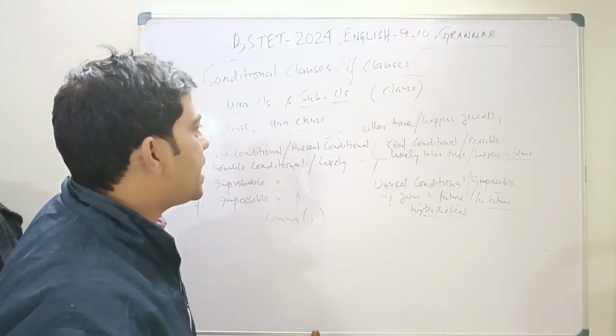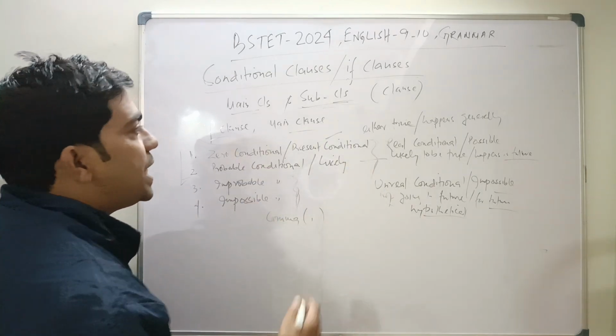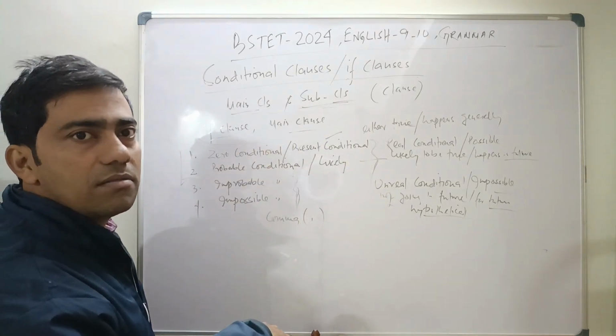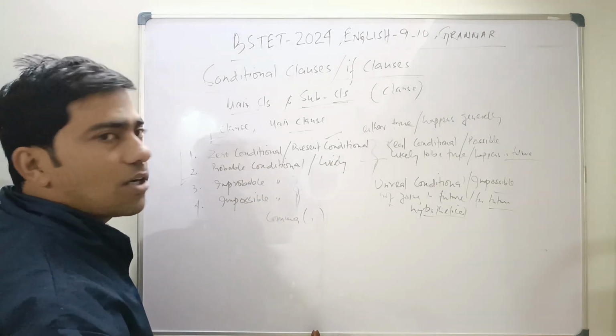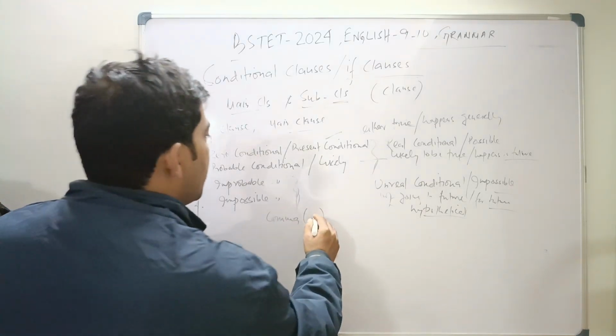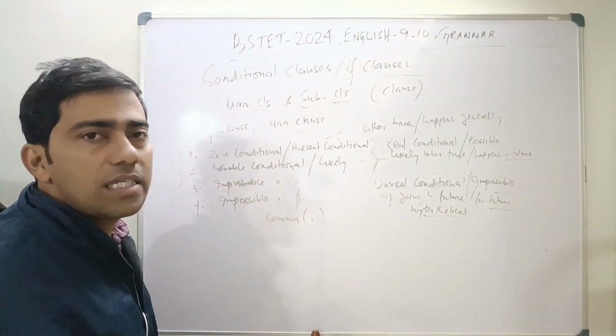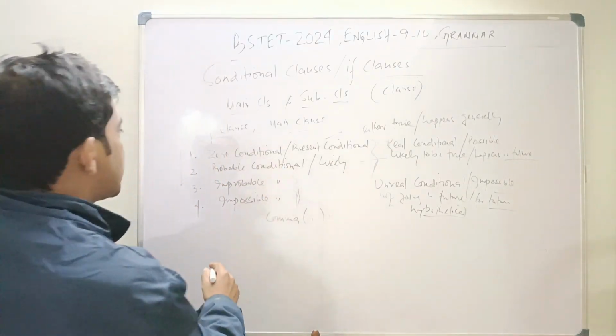But if it is interchanged, if the main clause is given earlier and the if clause later, then no comma or punctuation is necessary. You got it? Now the examples will be given.